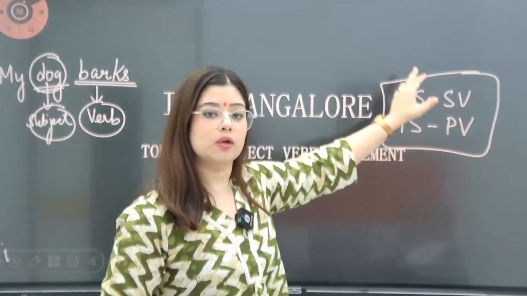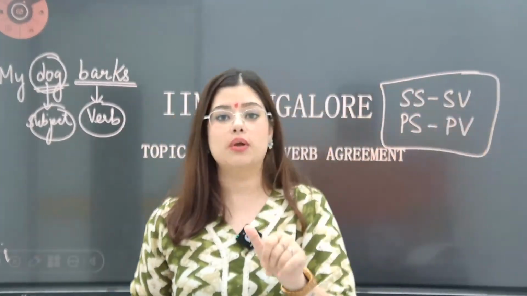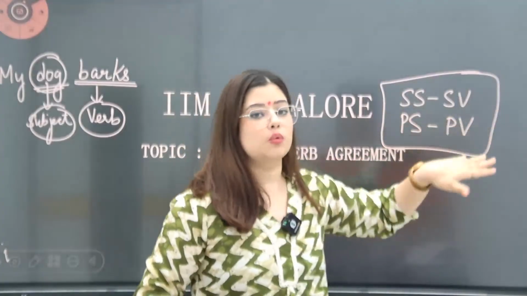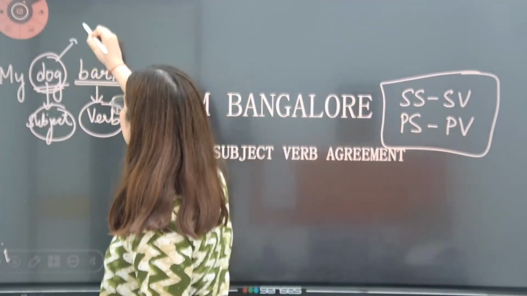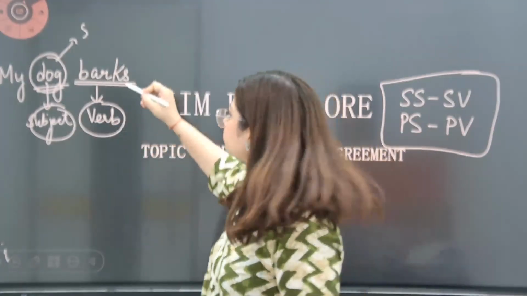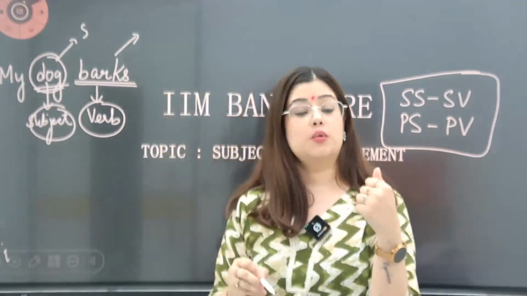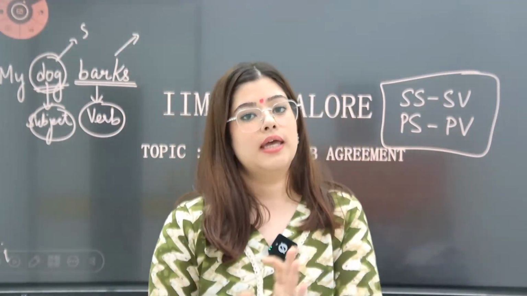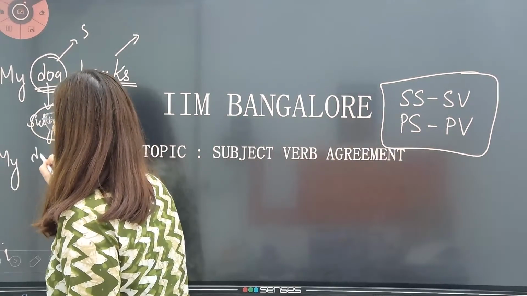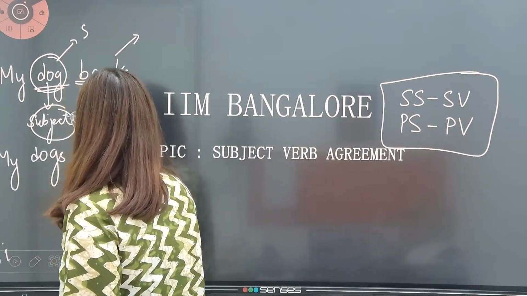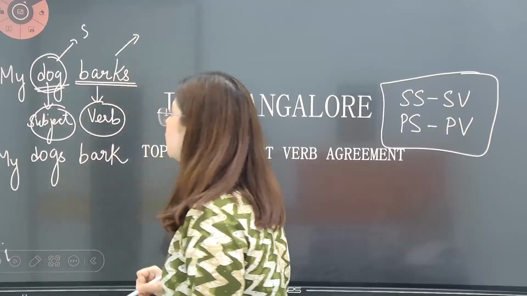Singular subject will always use a singular verb. Plural subject will always use a plural verb. Here, dog is singular. So the verb that we use with it, barks, is singular. If I say my dogs, I will have to change it to bark.